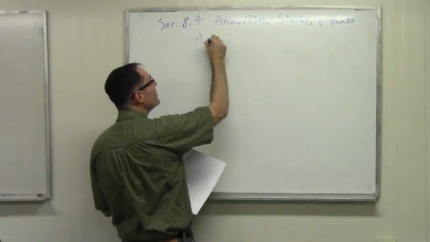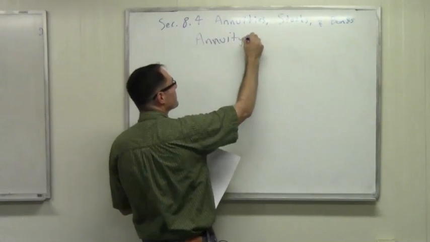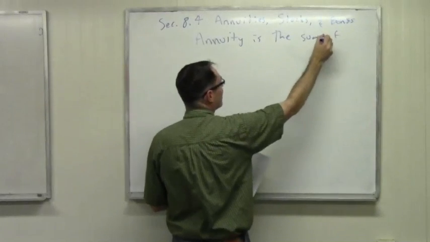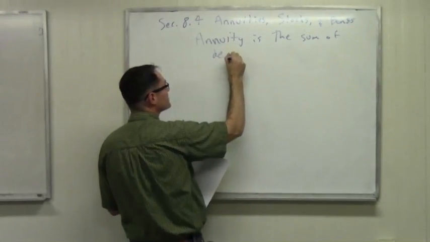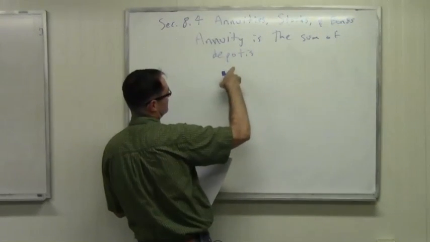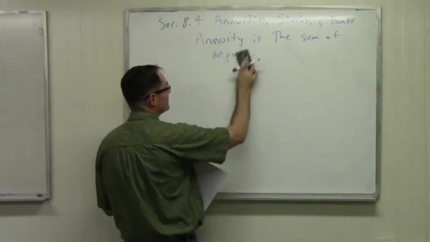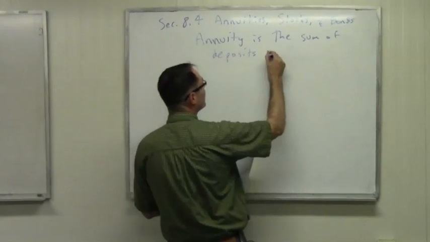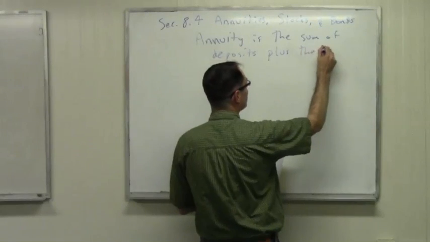So an annuity is the sum of deposits, I spelled that wrong, the deposits plus the interest.